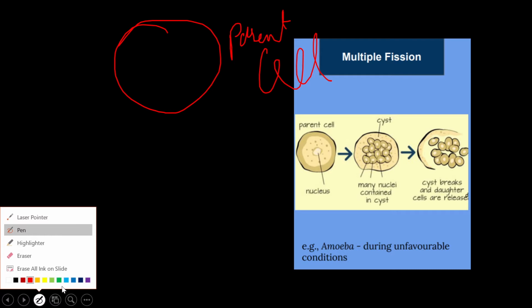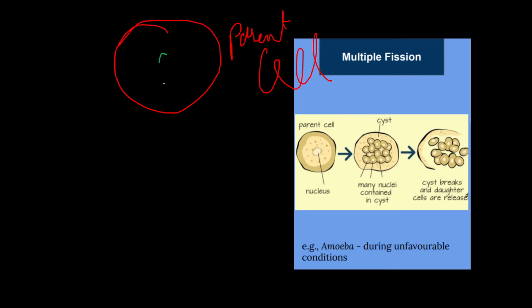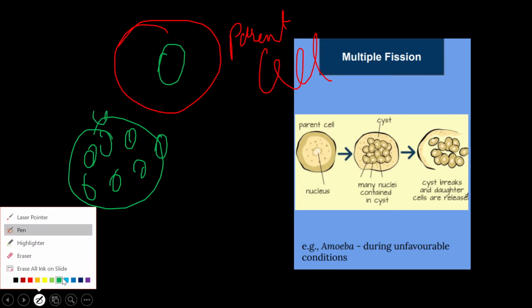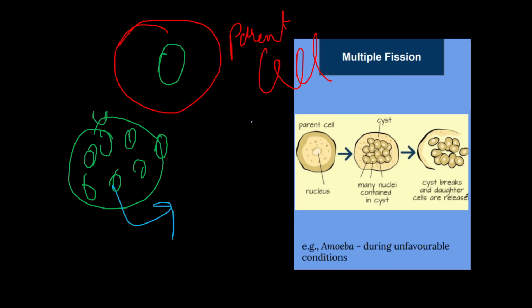Okay, now what happens? It divides. This is the nucleus, let's say. Now it divides into multiple daughter cells. First a lot of nuclei, multiple nuclei, and then what happens? These nuclei further divide into individual daughter cells, and they can be many.